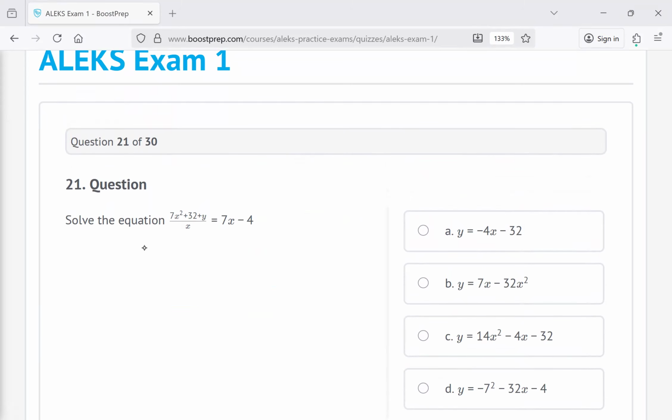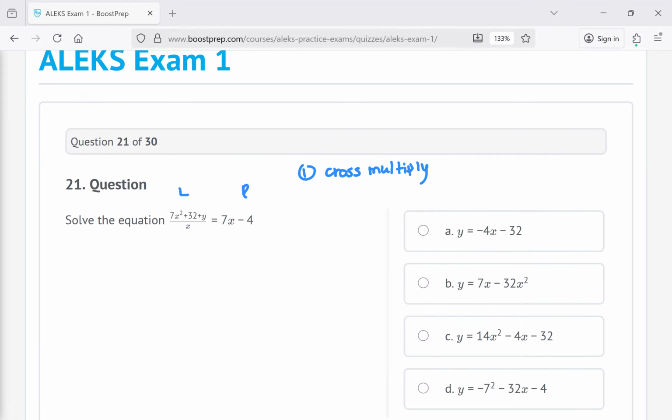Question 21. We have this fraction (7x squared plus 32 plus y) all over x equals 7x minus 4. So you have two options. You can either cross multiply. Why can you cross multiply? Because there's only two sides. There's a left and then there's a right.